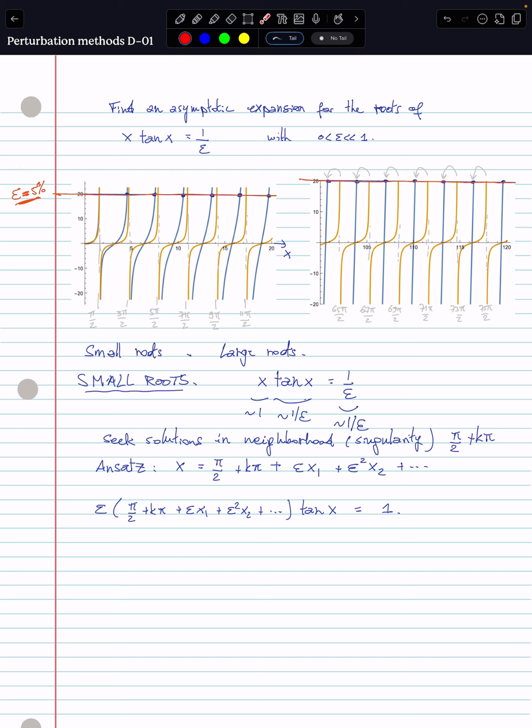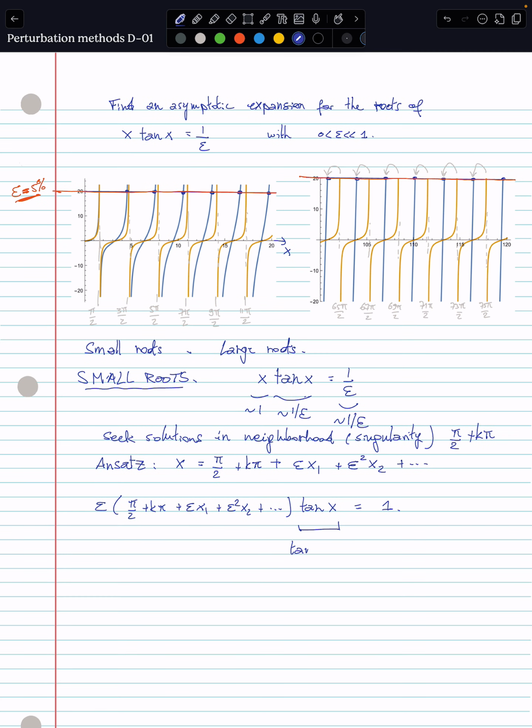But in fact, we know that we are looking for solutions such that the tangent of x is something large. So we should write explicitly that the tangent of x is large. And an option that we found and that we explored already in exponential functions, or even you could use this approach in other nonlinear functions, is to expand tangent of x in the neighborhood of x, right?